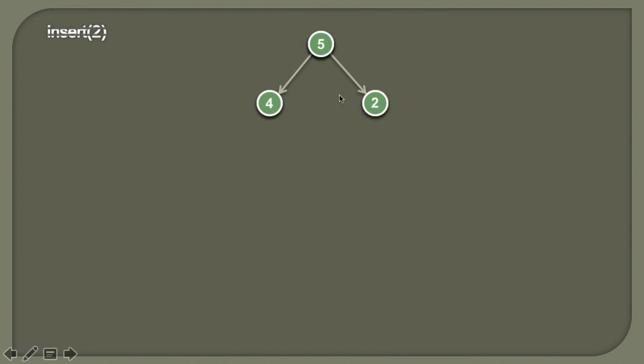Now let's say we insert 6. Here you can see level 2 is filled completely. So now 6 will be inserted at level 3 to the left of 4. And then we compare these two values. As 4 is less than 6, we perform a shift up and swap 6 and 4.